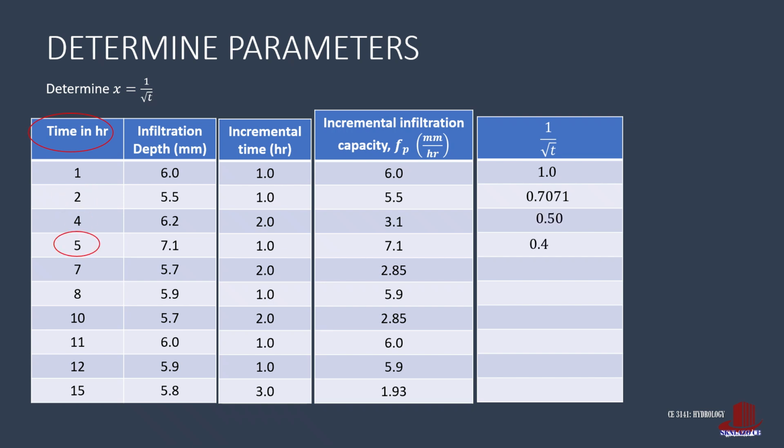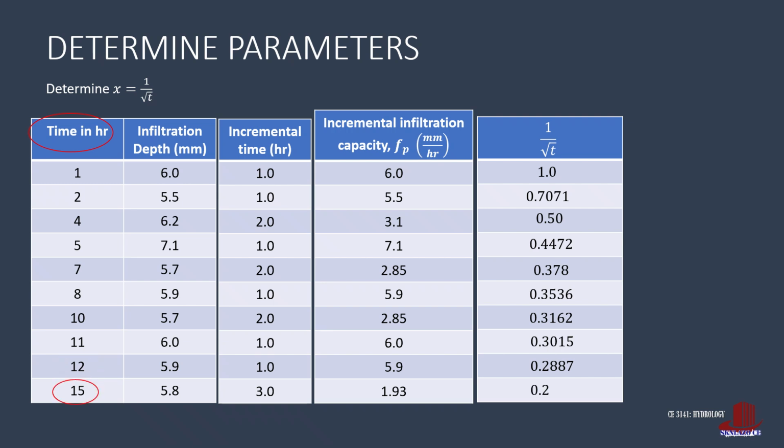1 upon the root of 5 is 0.4472. 1 divided by the root of 7 is 0.378. 1 divided by the root of 8 is 0.3536. 1 over the root of 10 is 0.3162. 1 upon the root of 11 is 0.3015. 1 all over the root of 12 is 0.2887.